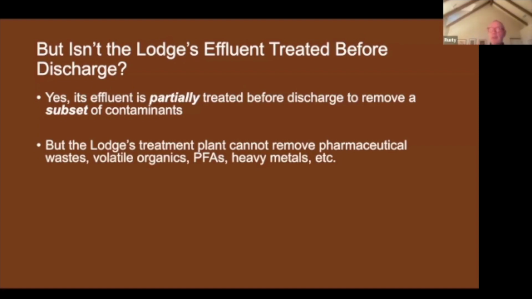And the Lodge's treatment plant, as they've admitted, cannot remove pharmaceutical waste, volatile organics, PFAs, heavy metals, anything else in that waste stream other than the specific contaminants NMED tells them to remove. And they all go through the treatment plant and they're all going into the leach field.